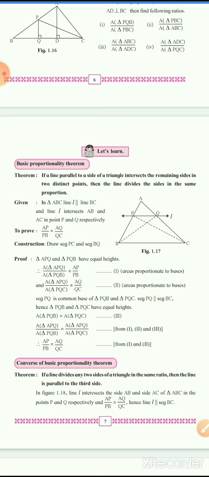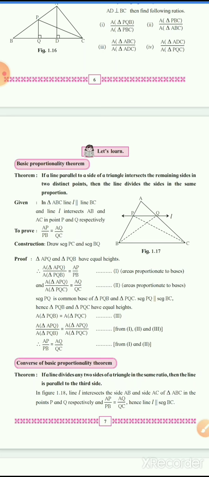Now we have to take the second pair of triangles, means triangle APQ and triangle PQC. They also have equal heights, and their bases are AQ and QC. So their areas are also proportionate to their bases.